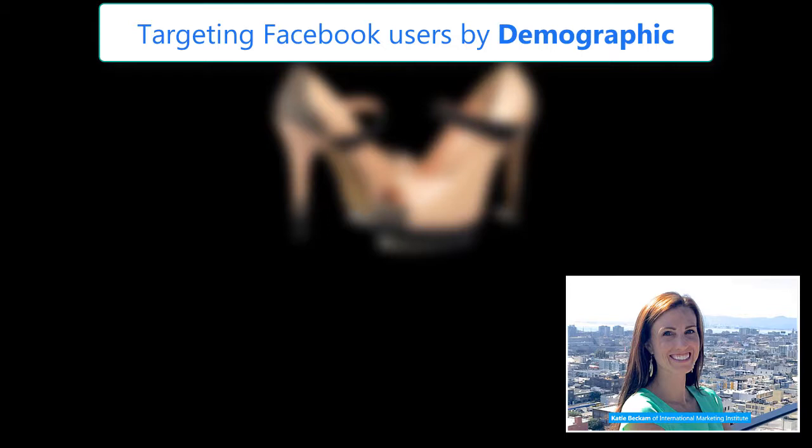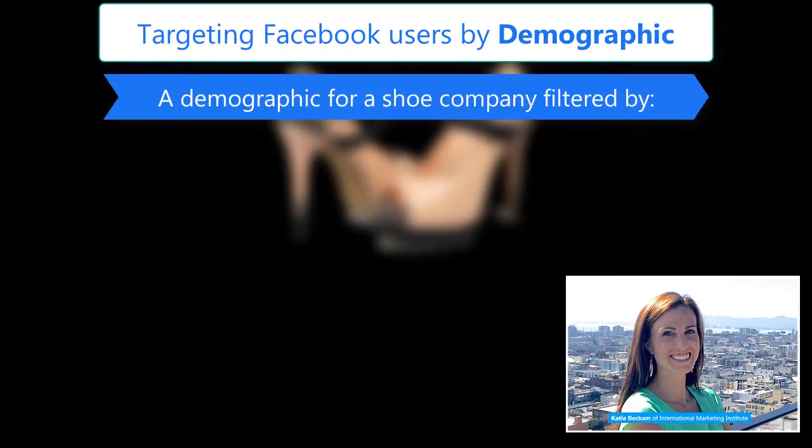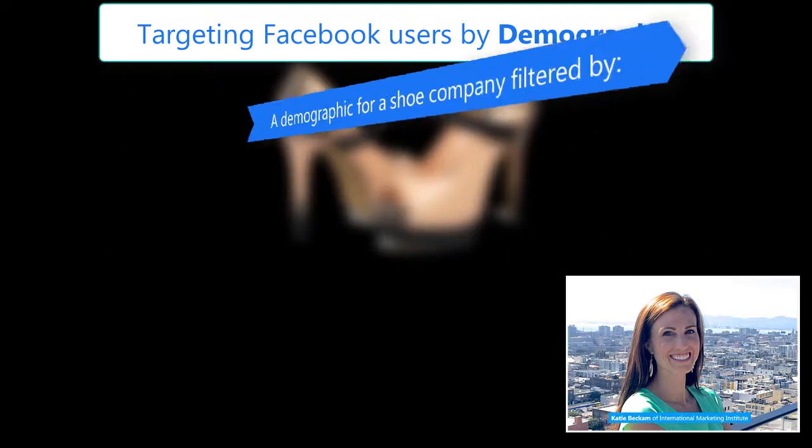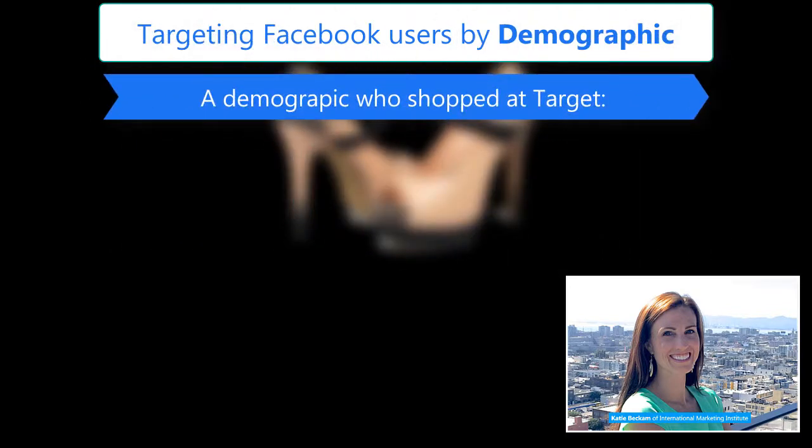And so in advertising to them, it's intuitive. So you'll start with things like people that like fashion, and then layer that with people who've purchased online in the past whatever days, or people who shop at the actual stores that sell the shoes, and so on. All the very intuitive things. And then we'll group it up. And from there, we might segment it down to, okay, they shop at Target, and they like fashion, and they're 25 years old.